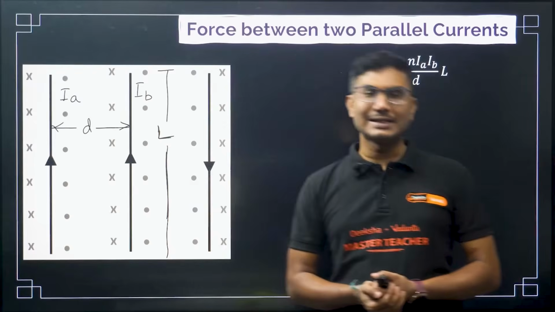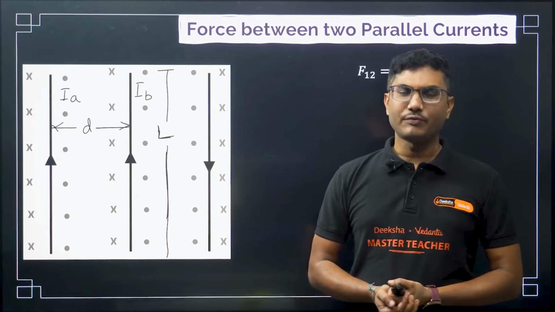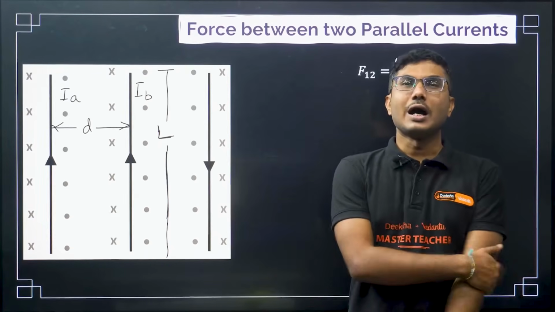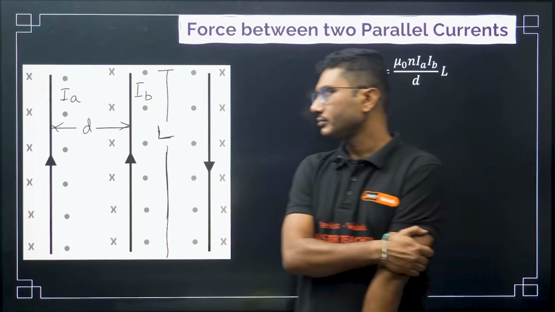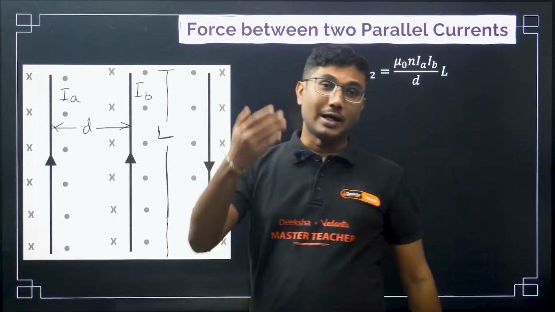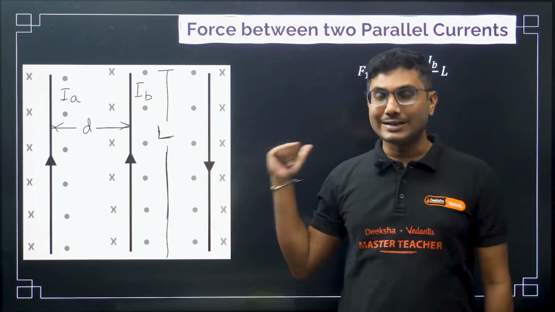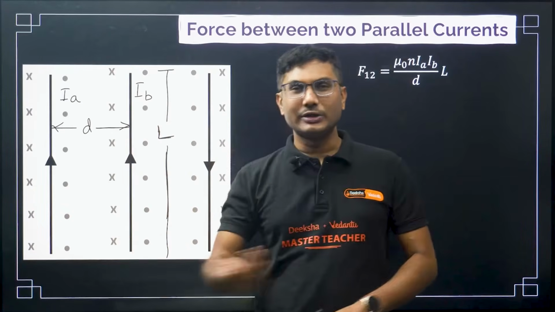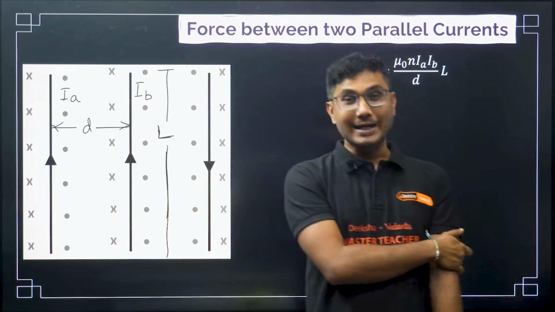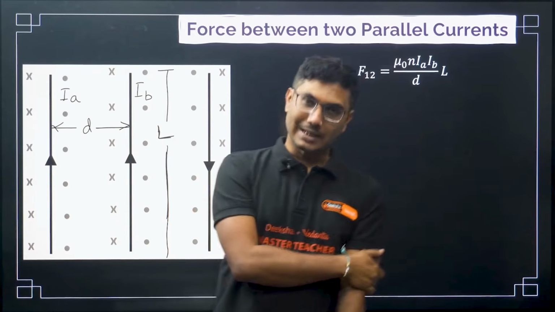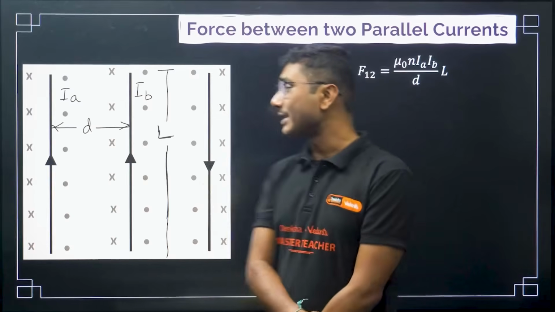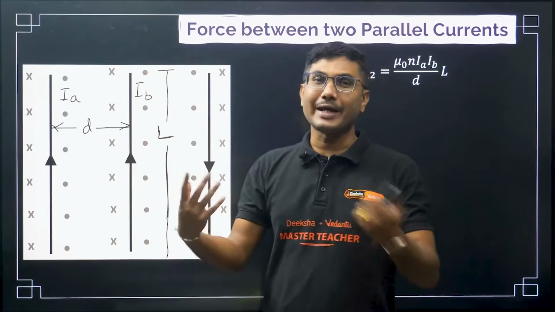The magnetic field due to a current carrying wire, which we did in today's class, is mu naught I by 2 pi r. That is the magnetic field due to any current carrying wire.